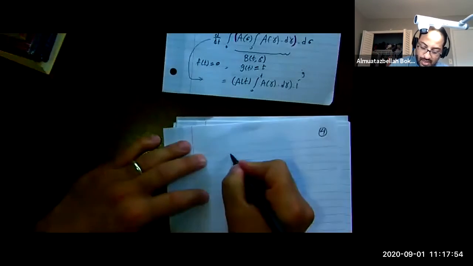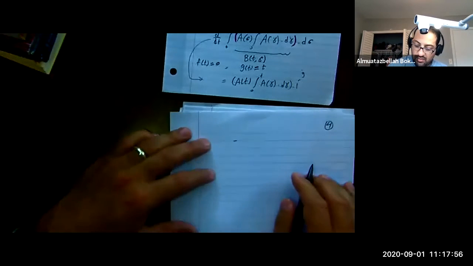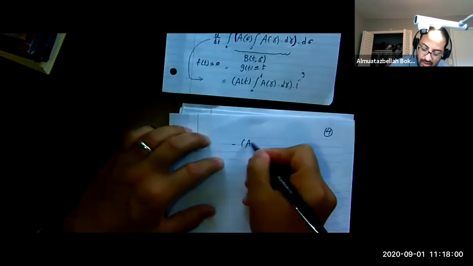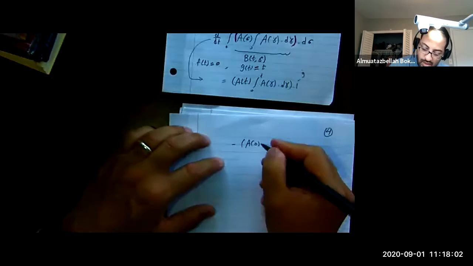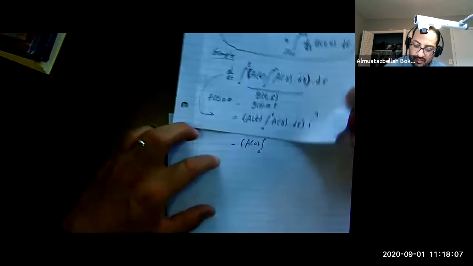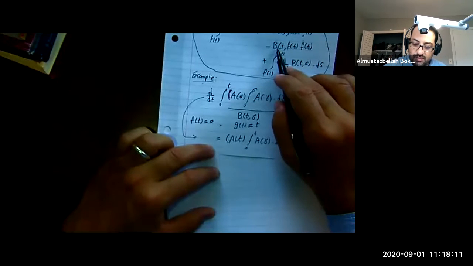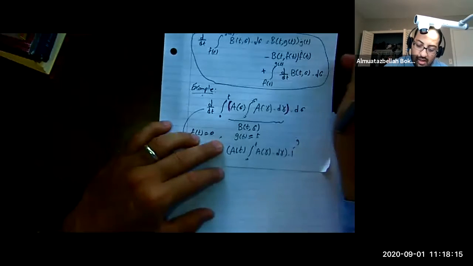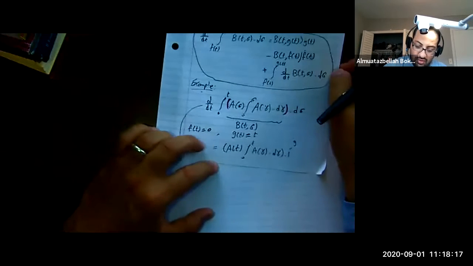And then minus, so I'm continuing now, minus a of 0, integration from 0 to 0. So now I'm doing b of t and f of t, minus b of t and f of t, times f dot of t. f of t is equal to 0.